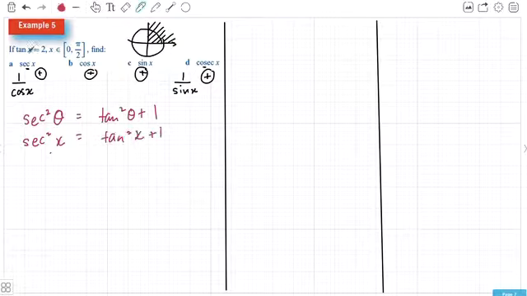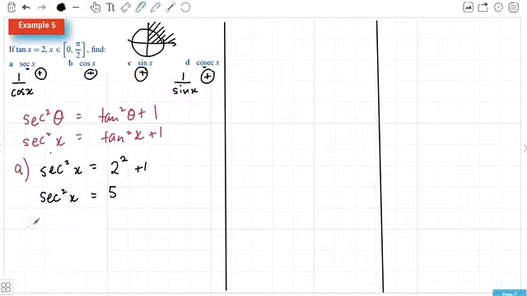We are given tan x, so let's label this part A. We know what tan is, so we can use this rule. I'm just going to substitute in what I know, which is tan x is 2. So sec squared x is 2 squared plus 1, which means that sec squared x is 5, and that means that sec x, take the square root.